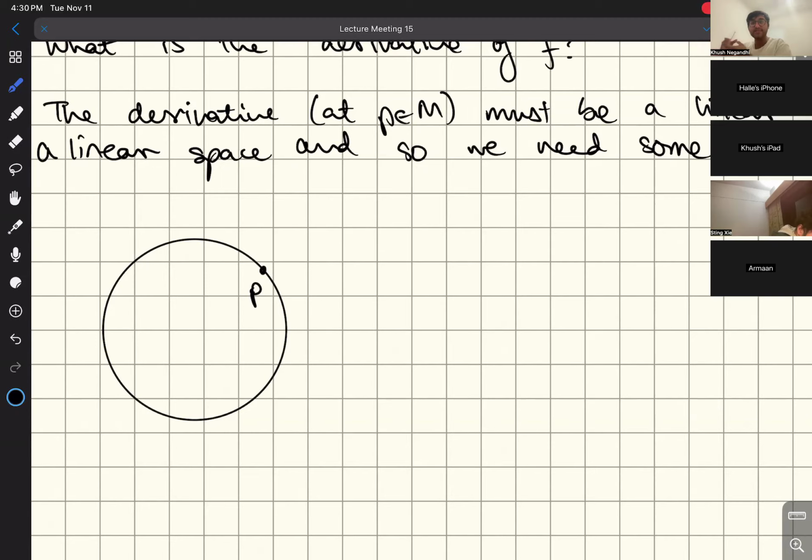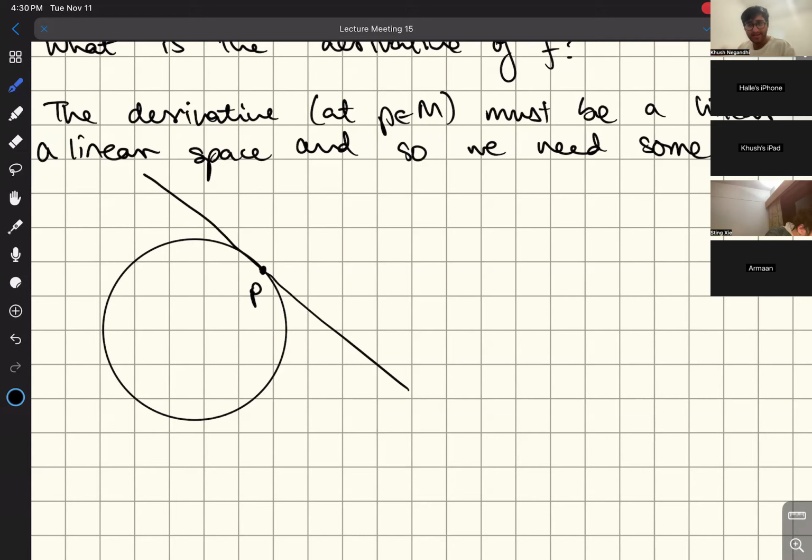Because the circle itself is not a vector space. So I have to somehow build a vector space based at the point P for my derivative to act, right? And the most obvious one, when you think about it for a little bit, will be the vector space that sort of looks like that in this ambient space, right?